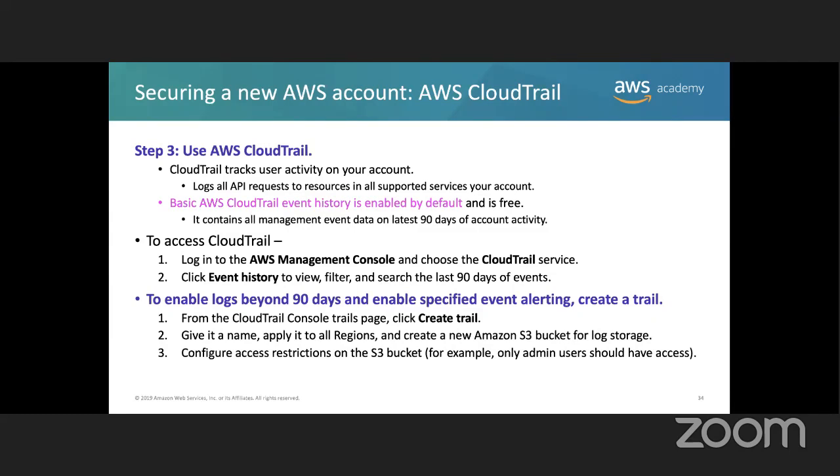It's going to log everything related to your service, right? CloudTrail will work for the entire account to record every event that takes place in your account. Someone changes the password, someone logs in, someone logs out, it's going to record that.